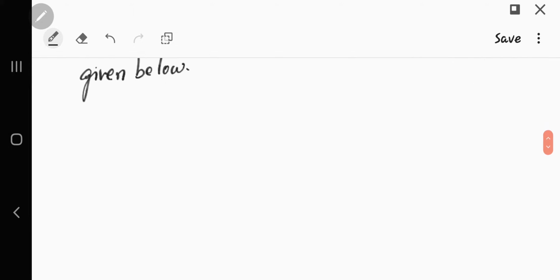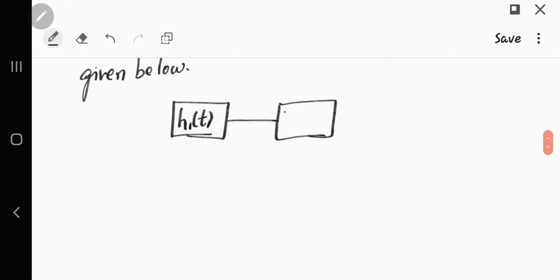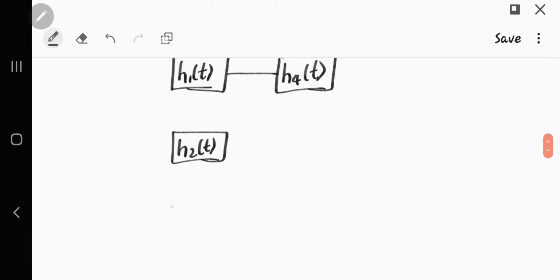So let's take the system response here. They just ask us to write h of t for this system. Let's take that after going through the overall system problem.